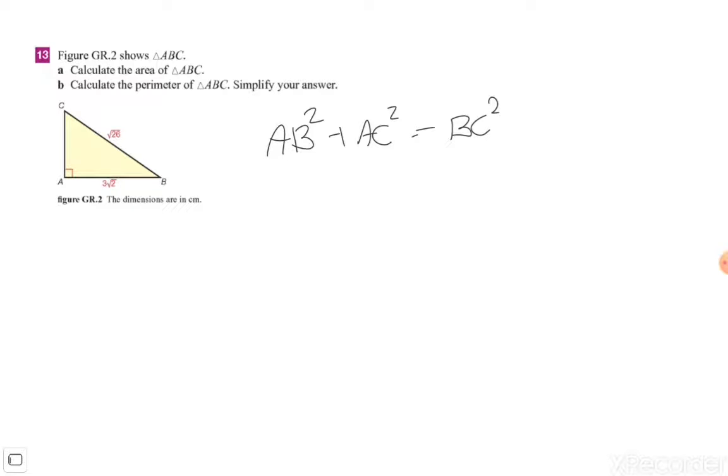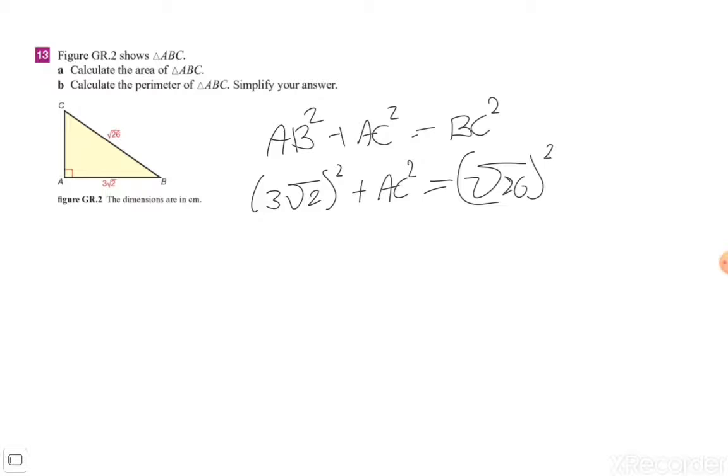And to fill in, it's inside the bracket 3 square root of 2 squared plus AC squared is equal with the square root of 26 squared. 3 square root 2 squared is 9 times 2. Why? Because the square root of 2 times itself is just 2.